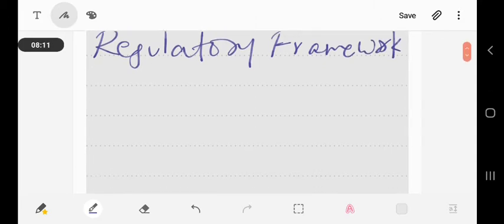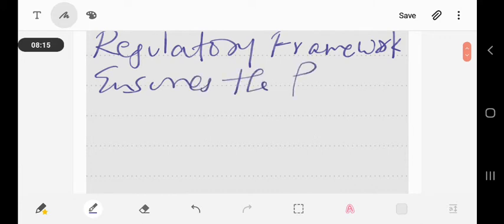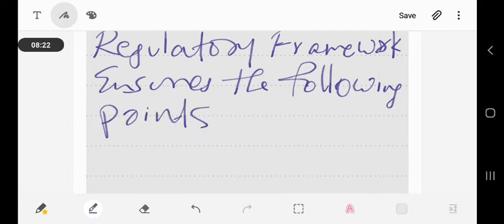The effective regulatory framework ensures the following points.